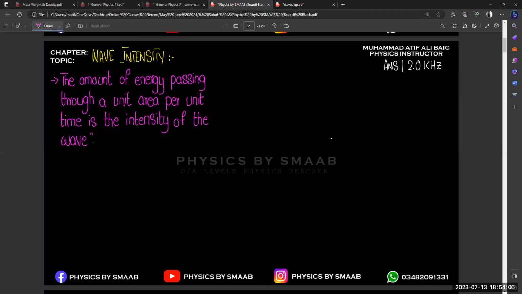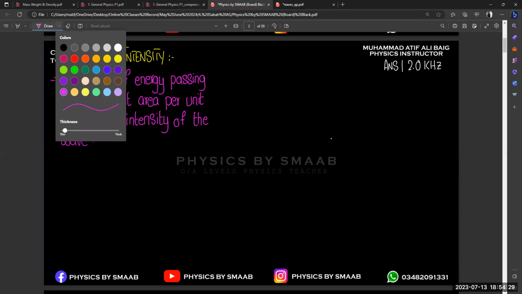If you remember from the work, energy, power section, the rate of doing work is known as power, measured in watts. The same concept goes here: the energy passing through a unit area per unit time.